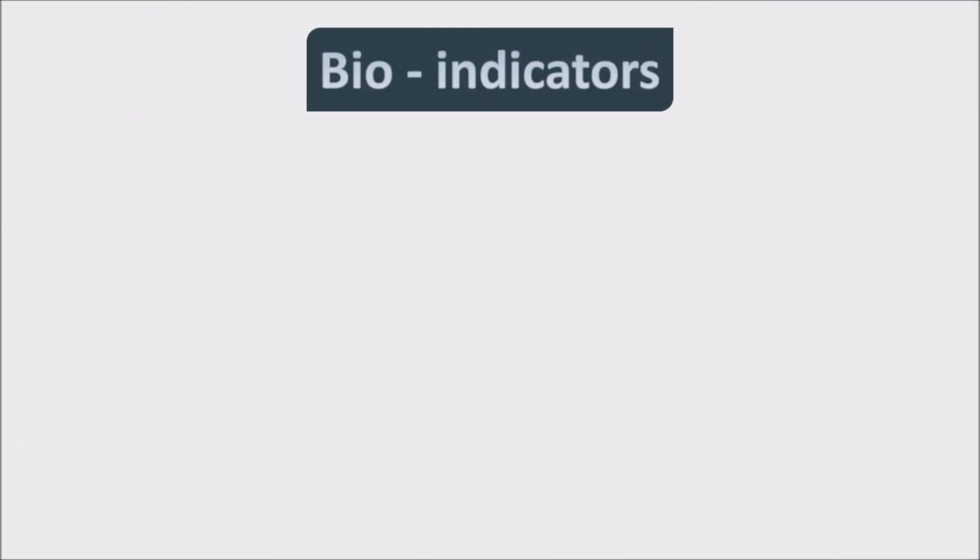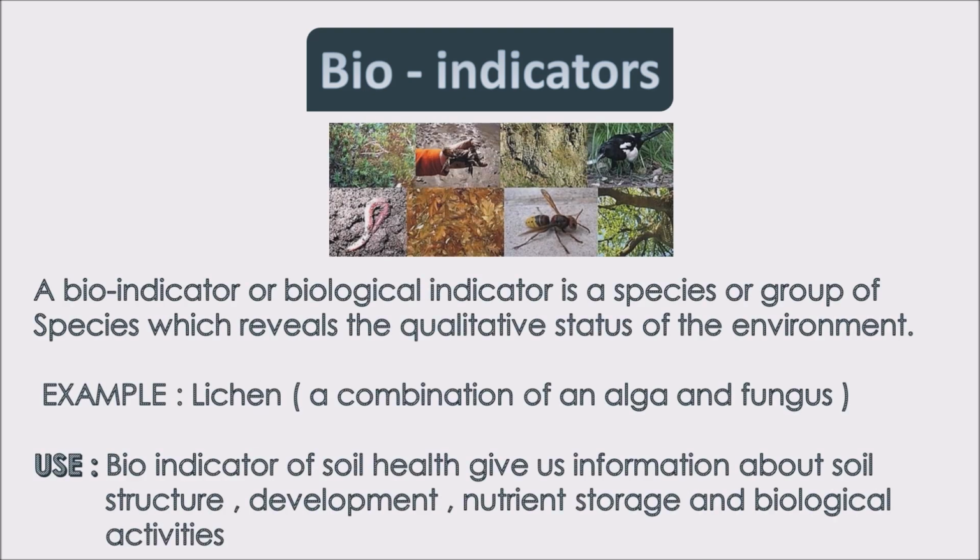The next method to improve the production of crops is bioindicators. What are bioindicators? A bioindicator or biological indicator is a species or group of species which reveals the qualitative status of the environment.